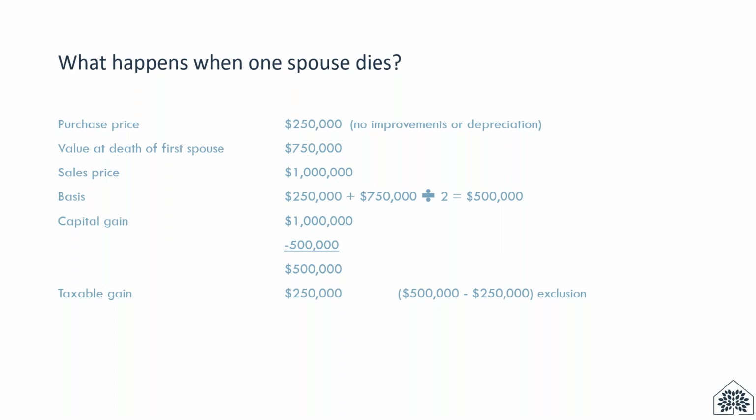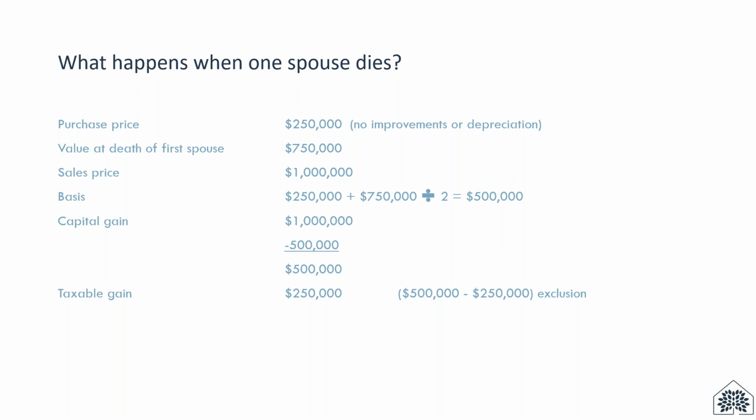So what's the basis? Is it the $250,000 they originally paid for it, the $750,000 on the date of death of the first spouse, or something different? It is really half and half of each. You apply the $250,000 basis to the half of the house that was owned by the surviving spouse, and the $750,000 basis to the half of the house that was owned by the spouse who died.